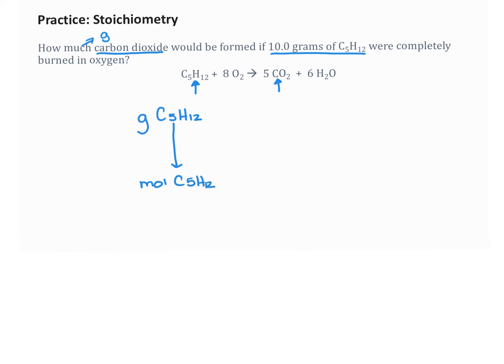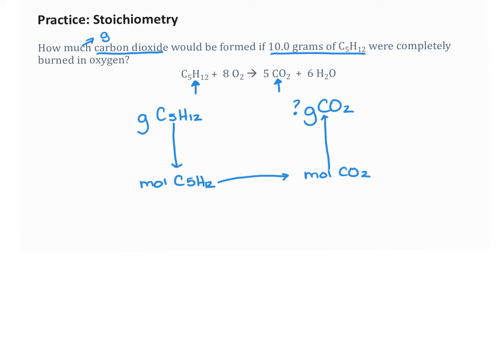And then over here, I know what I'm looking for. I'm going to mark this with a question mark, it's CO2, okay? So I need to take that from moles of C5H12 to moles of CO2, and then go back up here to grams.